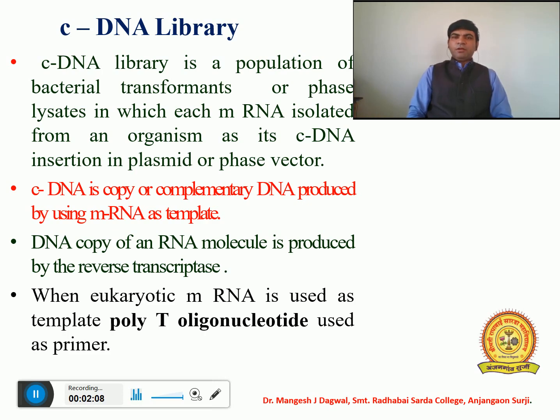This cDNA copy of an RNA molecule is produced by a reverse transcriptase enzyme. This cDNA is produced on the mRNA template with the help of this enzyme, called reverse transcriptase. Reverse transcriptase is an RNA-dependent DNA polymerase enzyme, which plays an important role in reverse transcription.